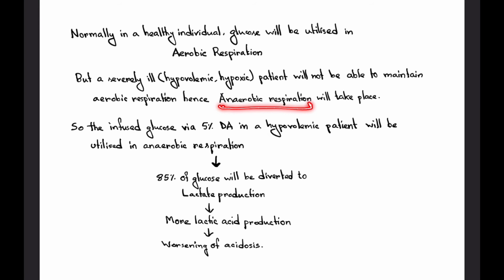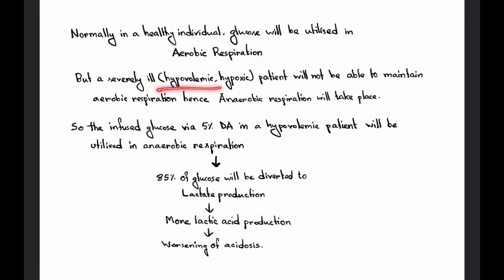So most of the glucose in that 5% DA, or 85% of it, will be diverted to lactate production due to that anaerobic respiration, and there will be more lactic acid production and worsening of the acidosis. So in a normal healthy individual, infusion of 5% DA is okay. The glucose will be utilized in aerobic respiration.